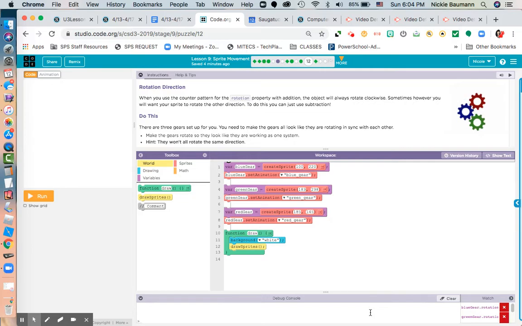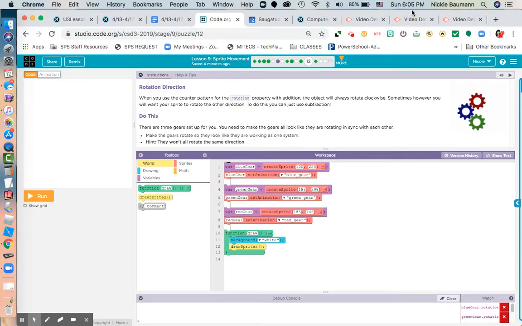So our goal is to make our program look similar to these gears that are on the right-hand side here. There are 3 gears that are set up for you. You will need to make the gears look like they are rotating in sync with each other. So if we're going to sync them, you are going to want to make sure that your rotations are the same count, meaning the same number.